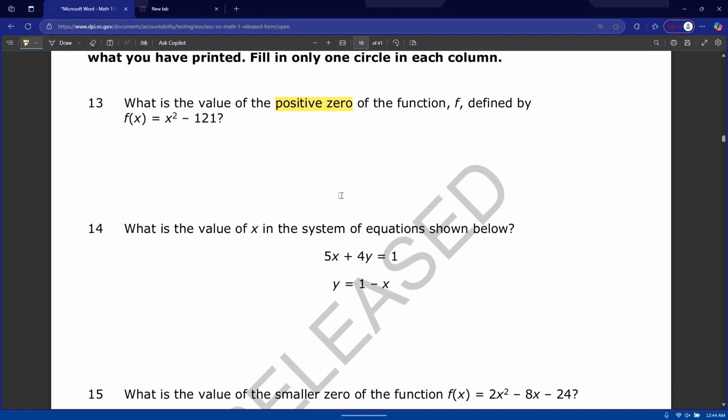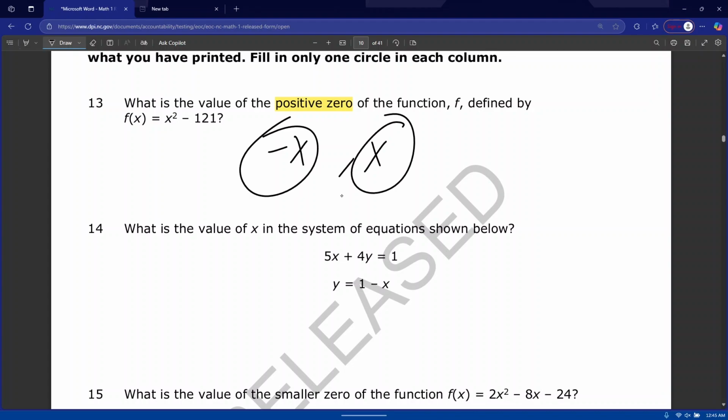And when it says positive, it just wants the greater value of the two. So let's just say you get a negative x, and a positive x. It does not want the negative x, it wants the positive x. So yeah.